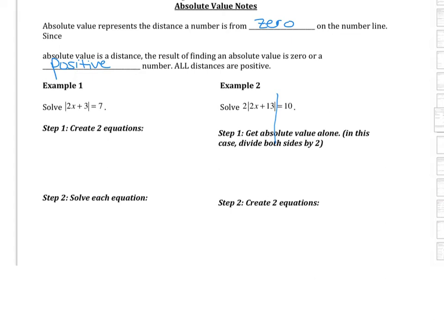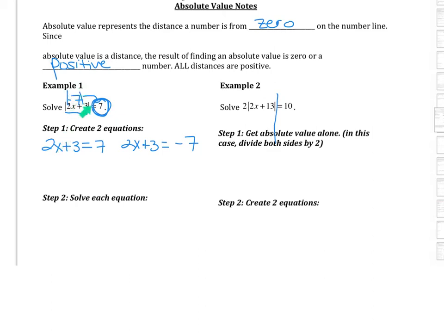Here's our first example. The absolute value of 2x plus 3 equals 7. So 2x plus 3 could really equal 7, because if I had the absolute value of 7, I would get 7. 2x plus 3 could also equal -7. Because if we take the absolute value of -7, we'll still get 7. So you recognize that whatever's inside the absolute value could equal the positive or the negative of the constant that it's supposed to equal. Do not ever change the sign inside the absolute value.